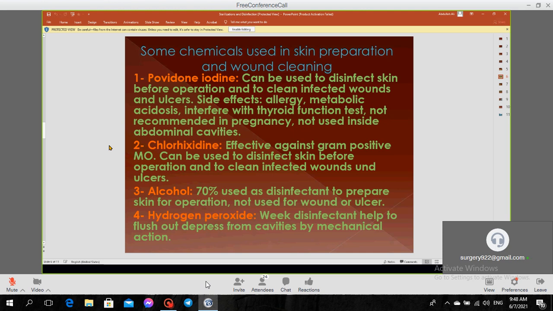So also, when you receive a dirty wound, you can use this hydrogen peroxide, although its use is decreasing over time, because it is discovered to be a weak disinfectant, but can be helpful to flush out debris or foreign bodies or bacteria from cavities and wounds.